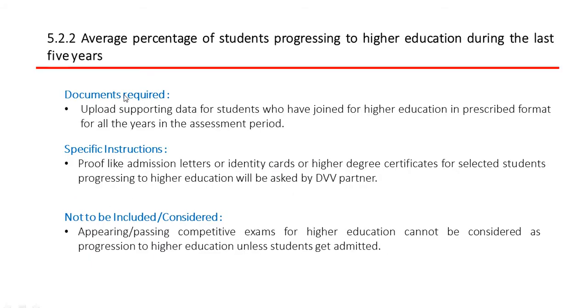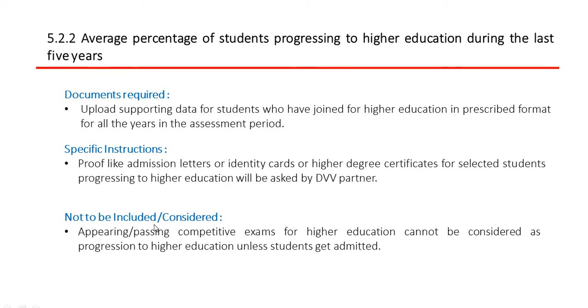Now let us see what the documents required and specific instructions are. The documents required for this metric is upload supporting data for students who have joined for higher education in prescribed format for all the years in the assessment period. Specific instruction says proof like admission letters or identity cards or higher degree certificates for selected students progressing to higher education will be asked by DVV partner for verification during DVV clarification process.